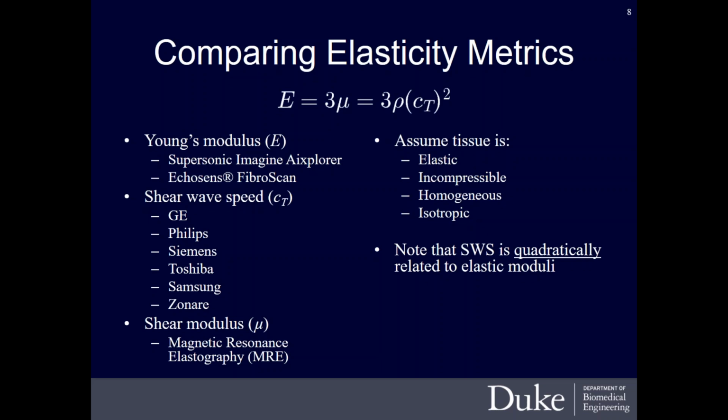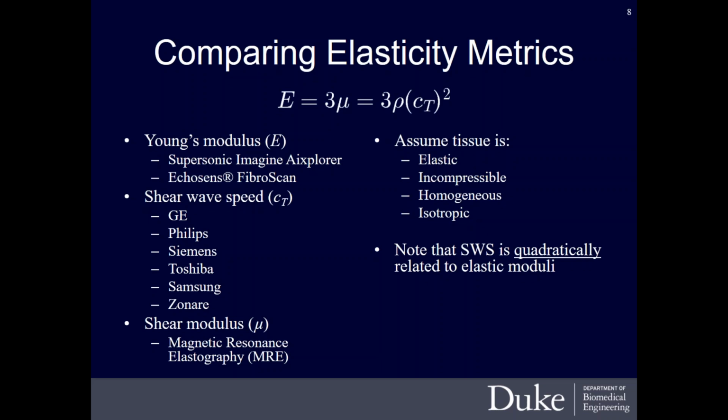To give you some feeling of what different systems report, I've listed some of the more common systems that are on the market. This is not completely comprehensive. Young's modulus has a lot of traction for the Supersonic Imagine Aixplorer system, and another common system that uses that metric is the EchoSens FibroScan.